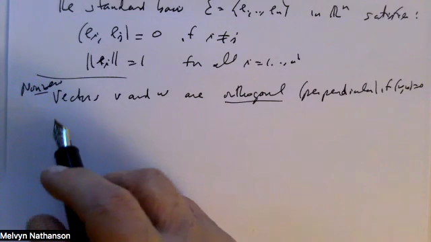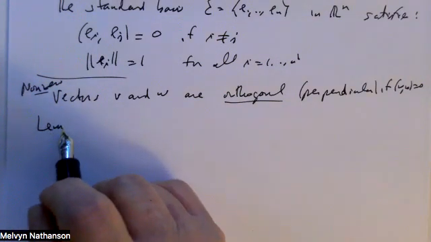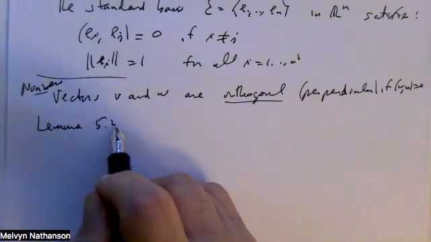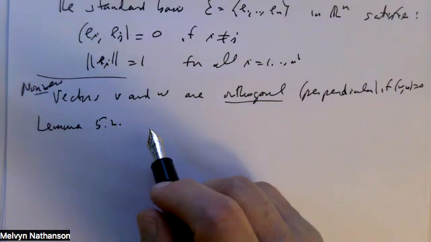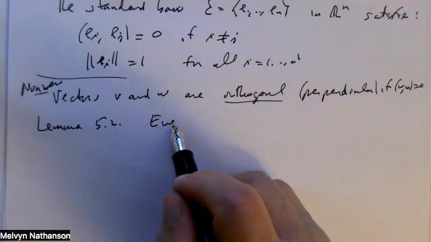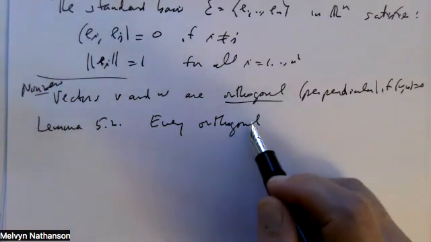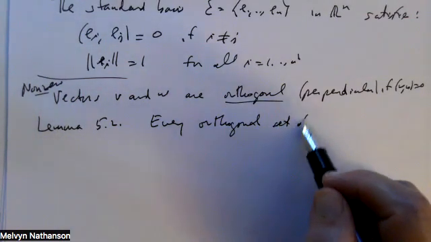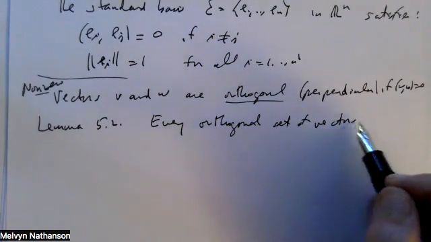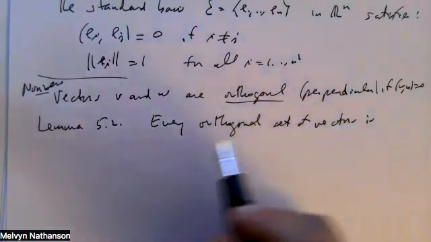And a very nice lemma, in the notes this is Lemma 5.2: every orthogonal set of vectors is linearly independent.